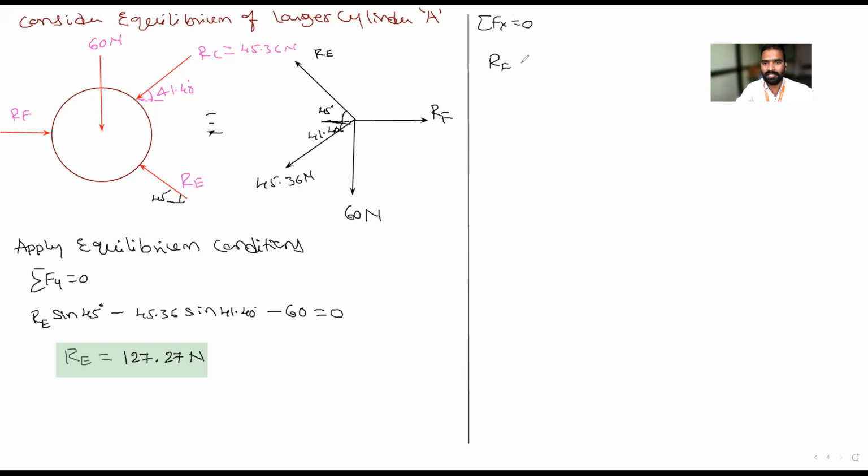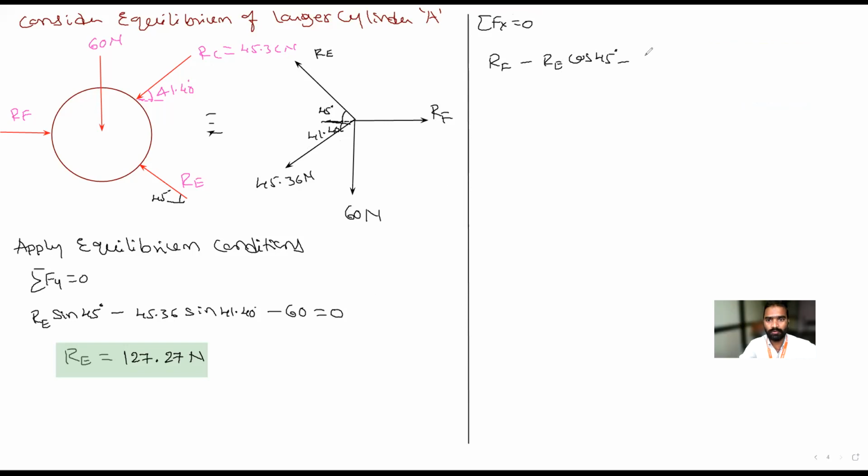Then RE is moving in the negative direction, minus RE cos 45 degree. Next, 45.36 cos 41.40 is also moving in the negative direction, minus 45.36 cos 41.40. This 60 will not produce horizontal component, that is equal to 0.